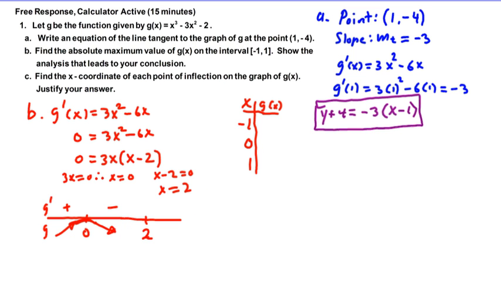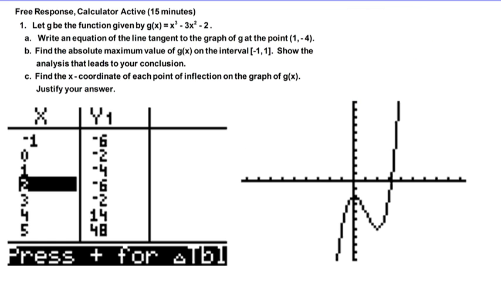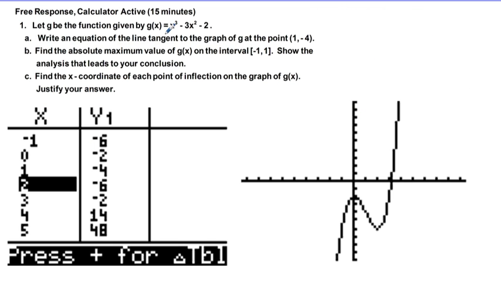Now what we're going to do is go to our calculator, and I previously had done that, and here's the graph of the function. If you go to the calculator, we see if we enter the original function, which is this one here, g of x equals x cubed minus 3x squared minus 2, we see our endpoints, -6, at 0 we have -2, and at 1 we have -4.